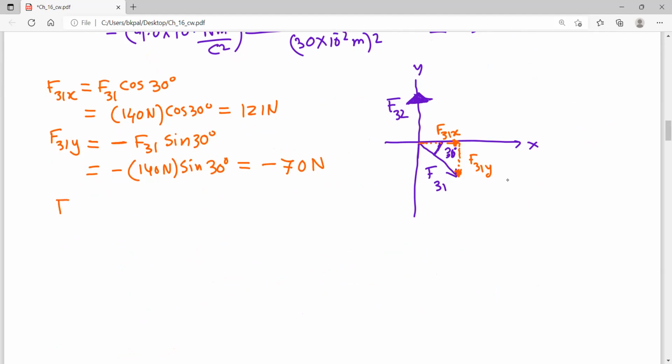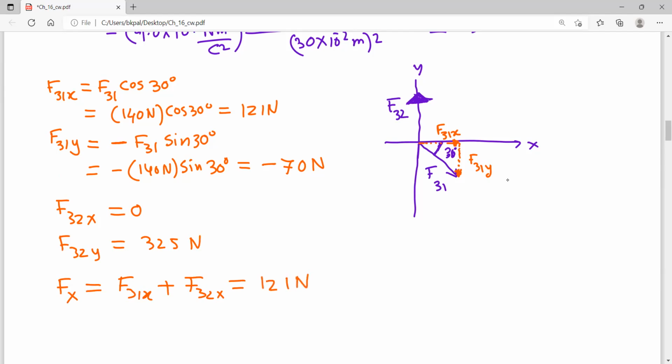Now F32x is equal to 0 because there is no component along the x-axis for F32, and F32y will be 325 Newton. For the net force, we have to add the components together. So Fx will be F31x plus F32x, and that is equal to 121 Newton.